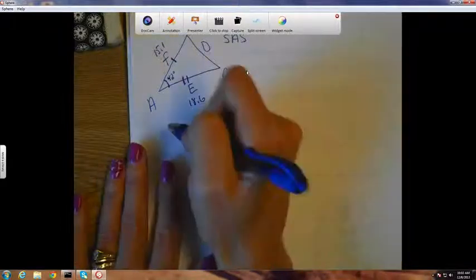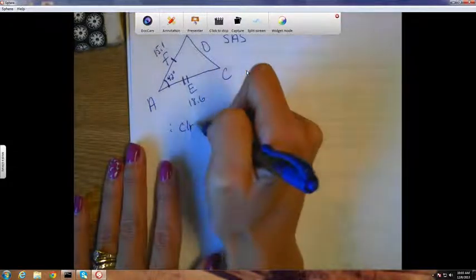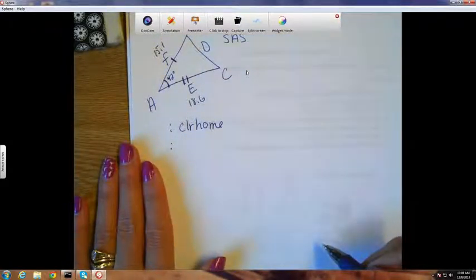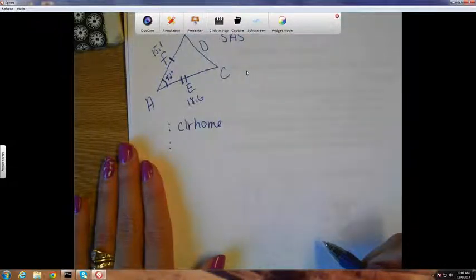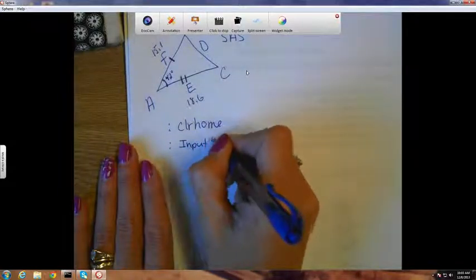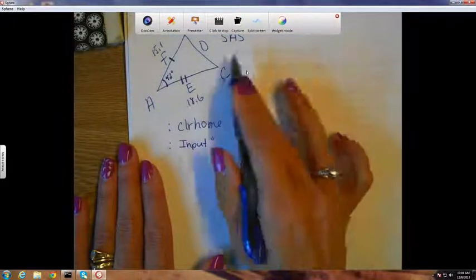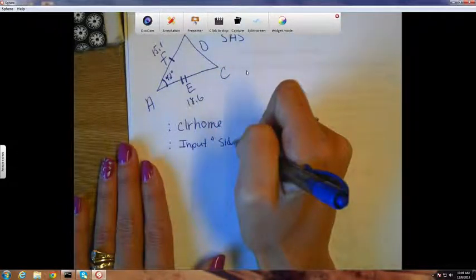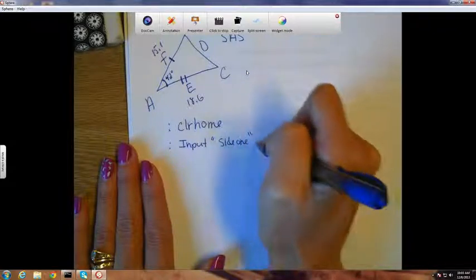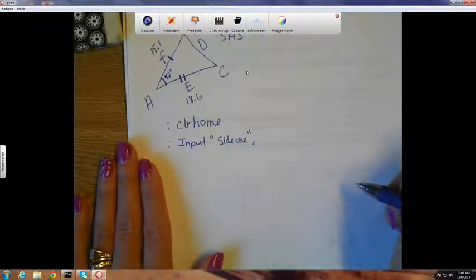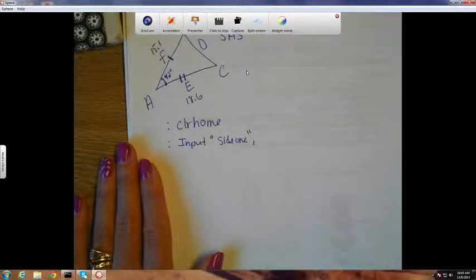So, our first line is going to be clear home. And then what are we going to do? Input. And here it's symmetrical, so it doesn't matter which side I ask for. Side 1. I could have asked for the angle first too, it doesn't really matter. What letter can I use?